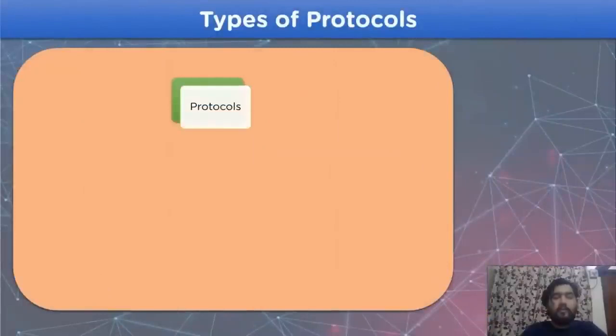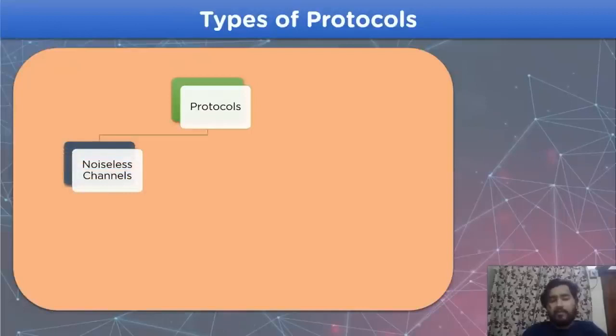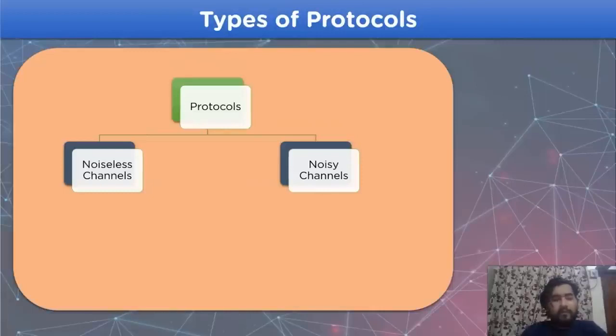The protocols available in a network channel can be divided into two different types, noiseless channels and noisy channels, where the noise refers to any external interference, data error, or duplicate transmission in the network channel. Furthermore, noiseless channels and noisy channels can be divided into subdivisions.